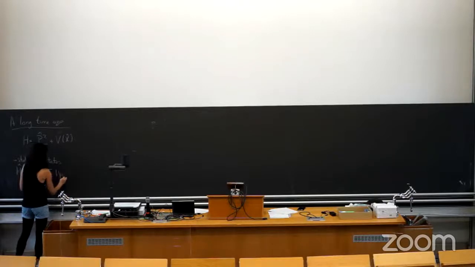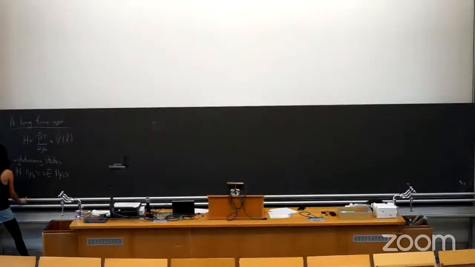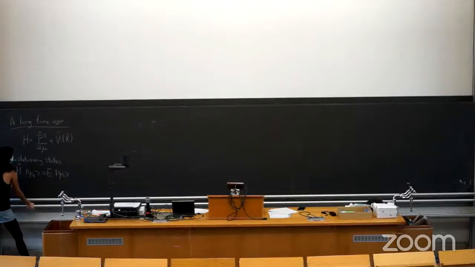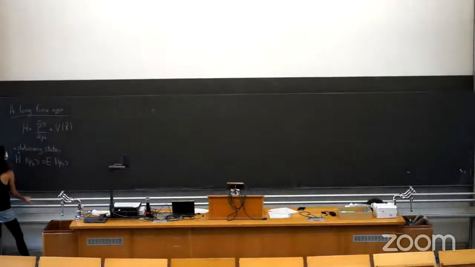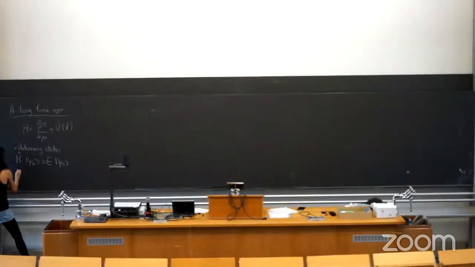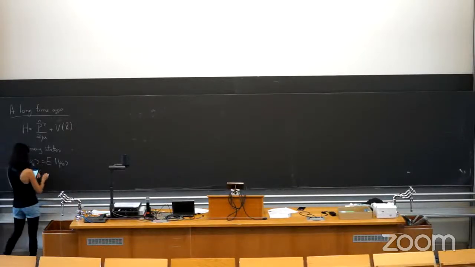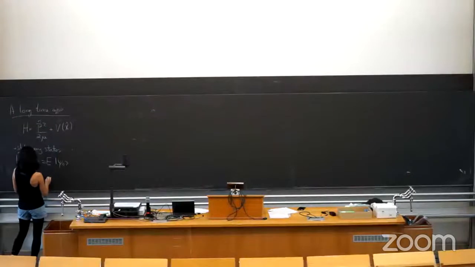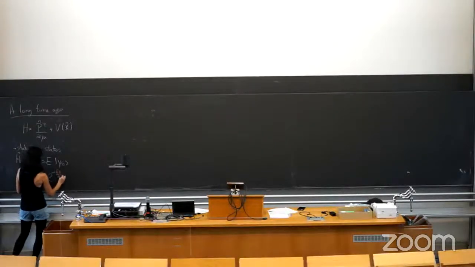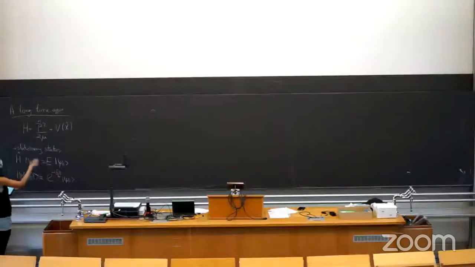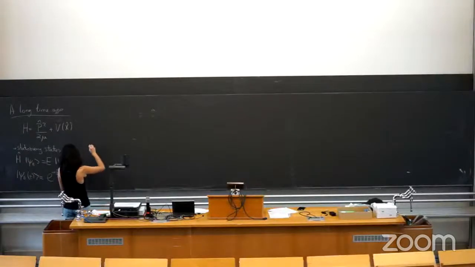And we saw that if we want to evolve, this was really a long time ago, in time, this is just a phase, e to the minus i E t over h bar. And then we saw, okay, so now if you want to evolve some arbitrary state, we can always expand it in this basis.